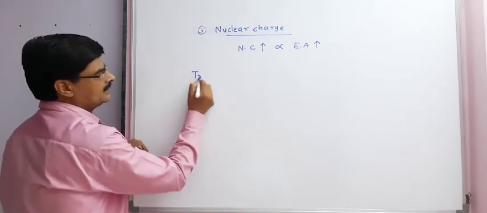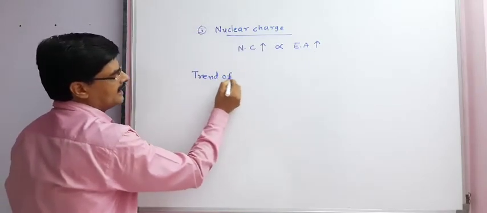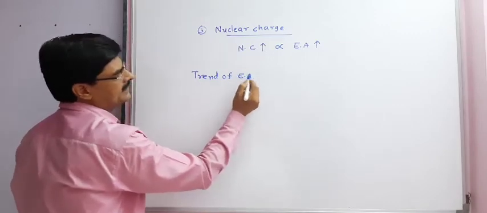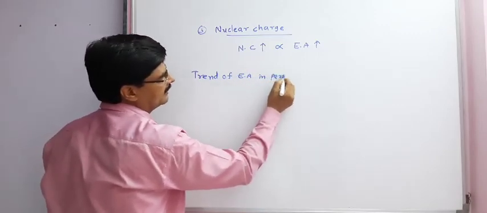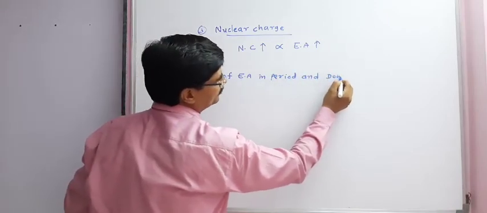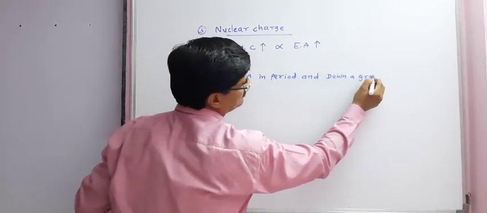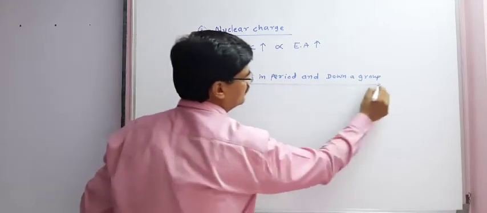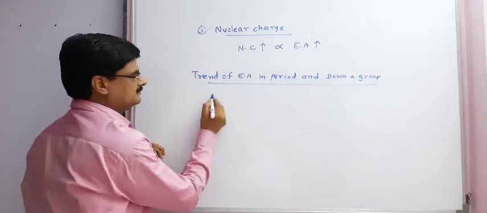Now, trend of electron affinity along a period and down a group.